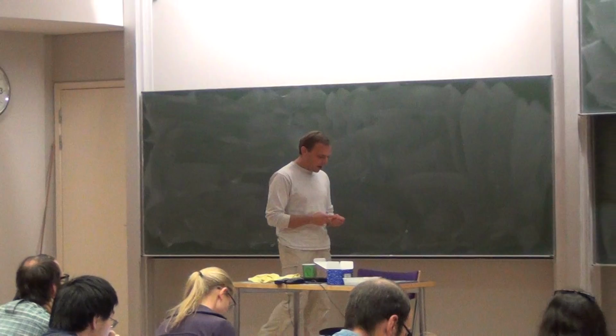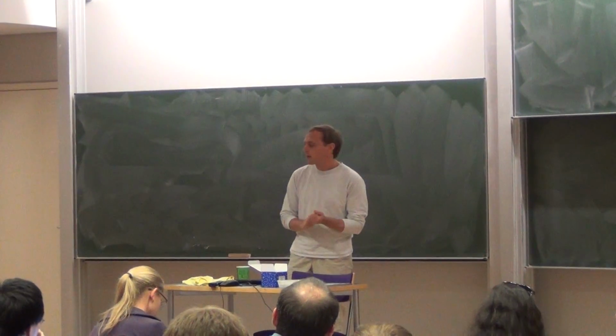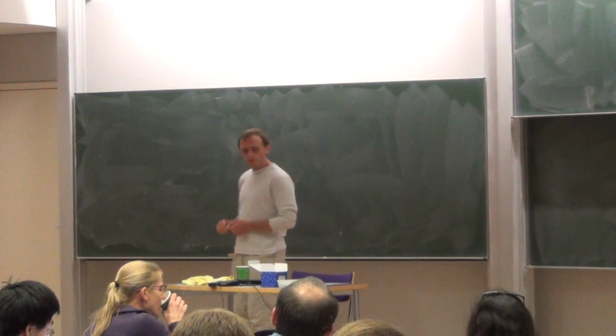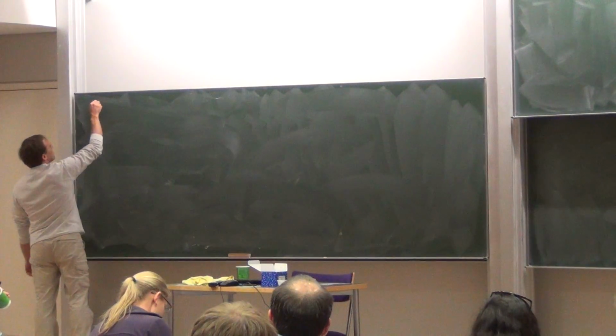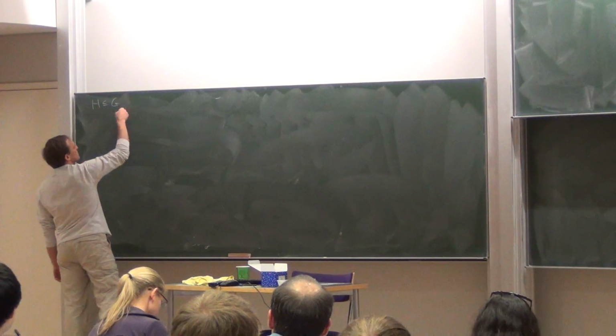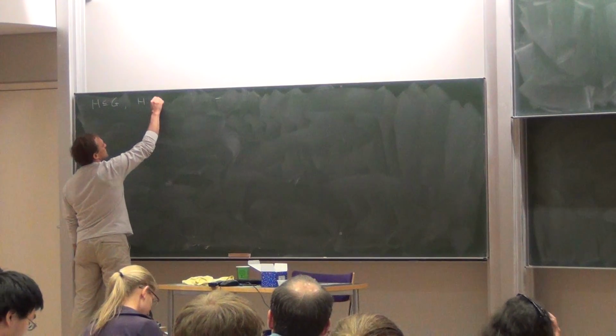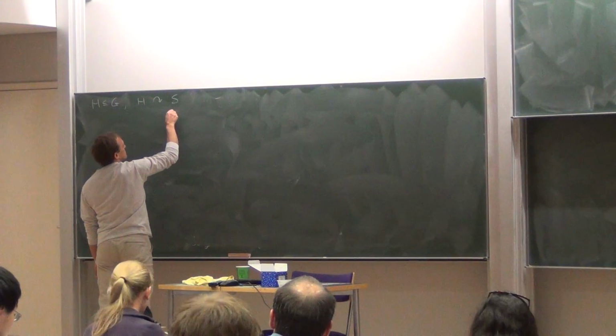So I want to talk about a fairly general question. Suppose you are given a group G and a subgroup H in G. And suppose you are given an action of H on some metric space.